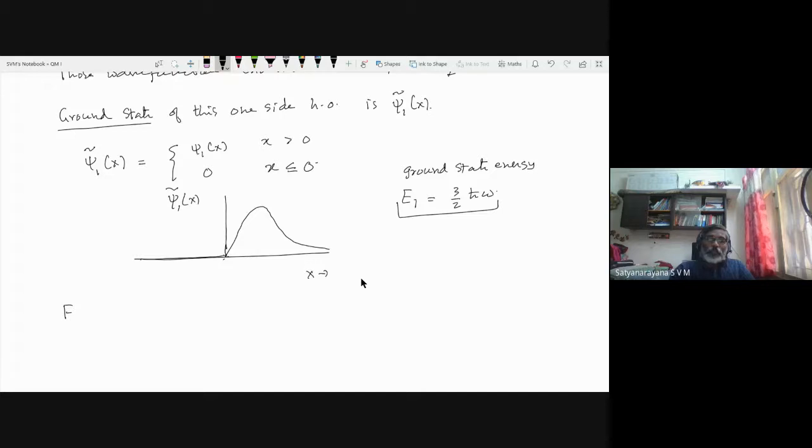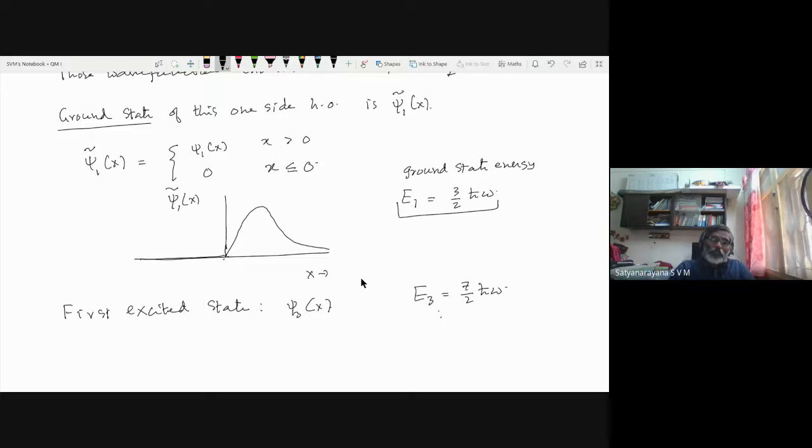And the first excited state corresponds to psi 3. Okay. The first excited state energy is E3, that is 3 plus half, 7 by 2 h cross omega. Like that, only odd.